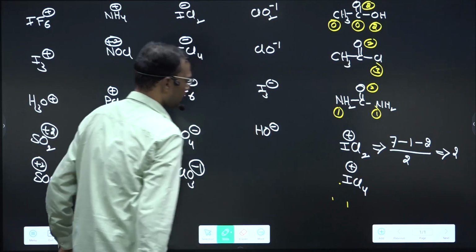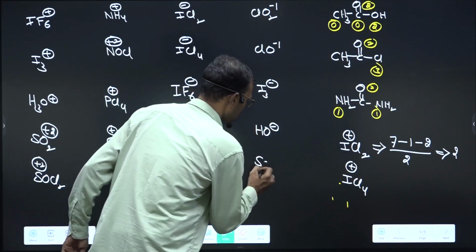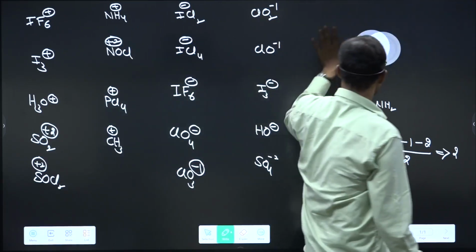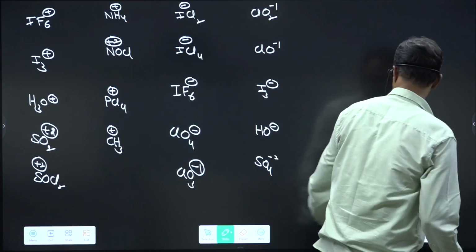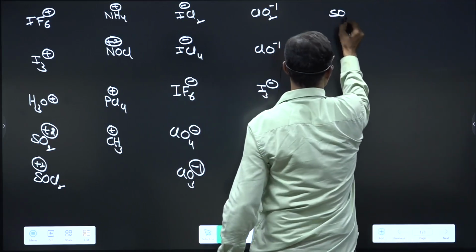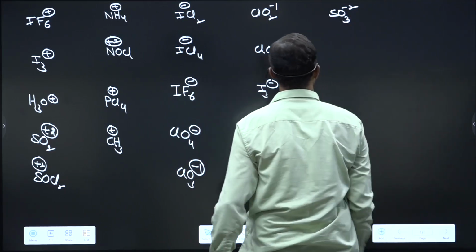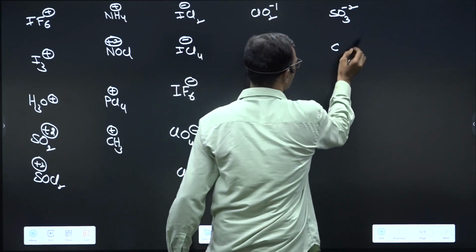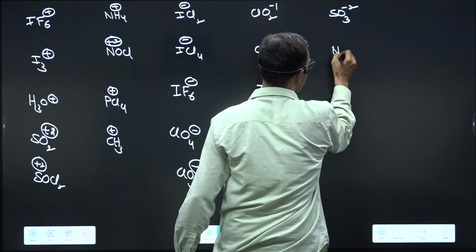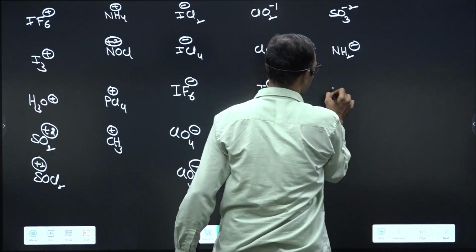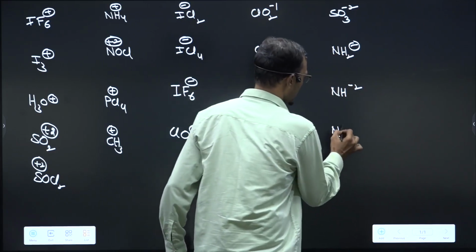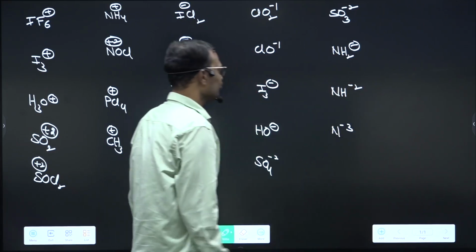here hydroxide minus, SO4 minus 2, sulfato minus 2, SO3 minus 2, amide NH2 minus 1, NH minus 2, here N minus 3.